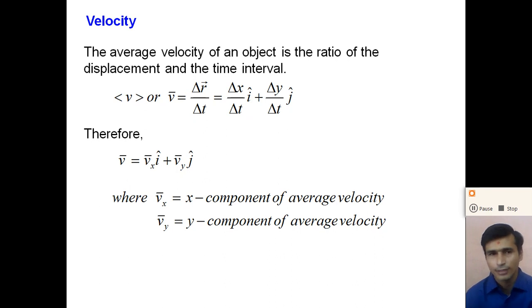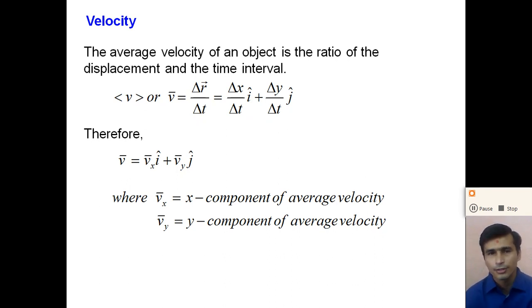So here the average velocity of an object is the ratio of the displacement and the time interval. So from that we can say that the average velocity vector v or v bar is equal to delta r, that is the displacement vector, divided by delta t. Here delta t is a scalar quantity. So if the displacement vector is divided by the time interval delta t, we get the average velocity.